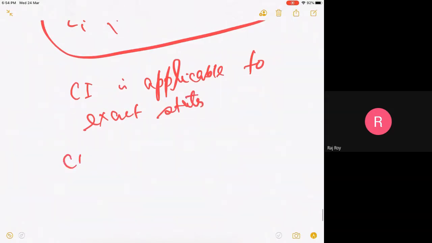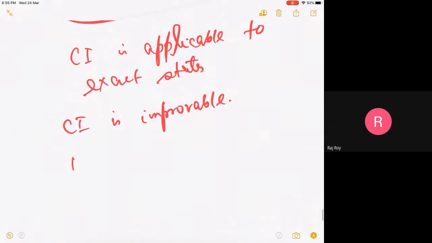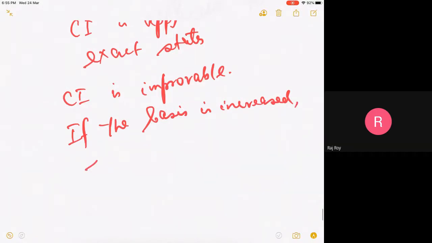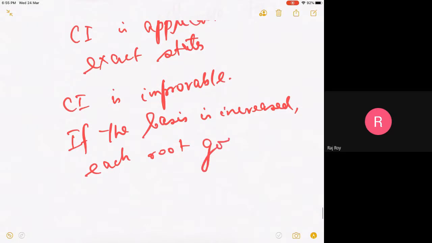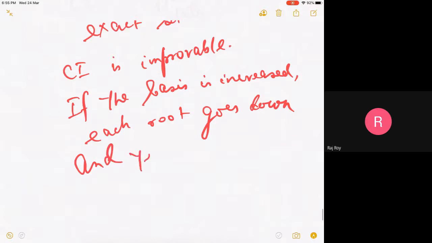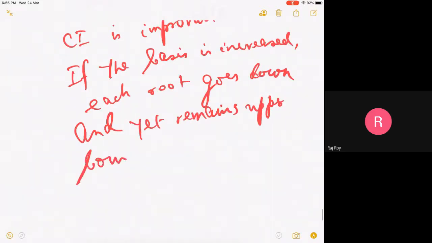More importantly, CI is improvable, which means if the basis is increased, each root goes down, and yet remains an upper bound to the corresponding exact state.